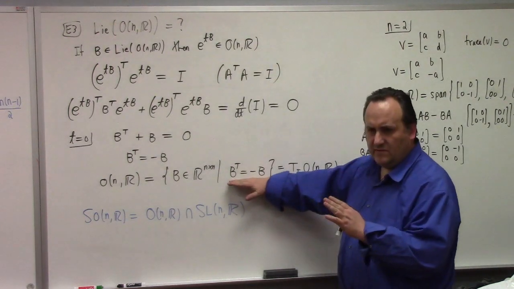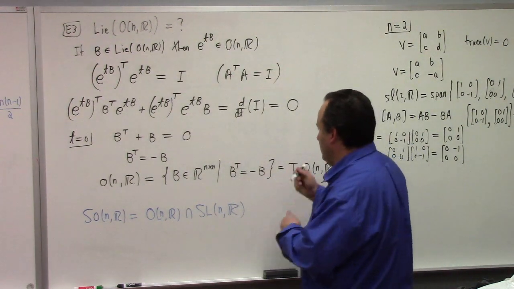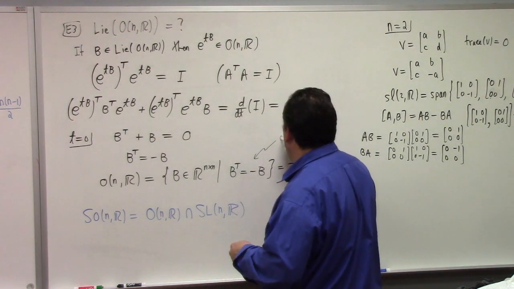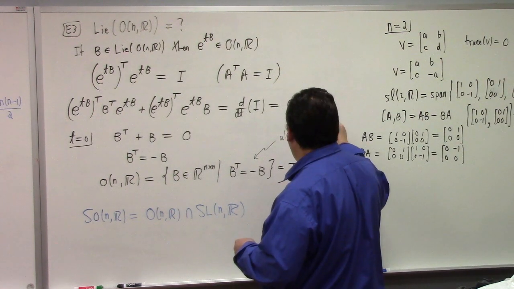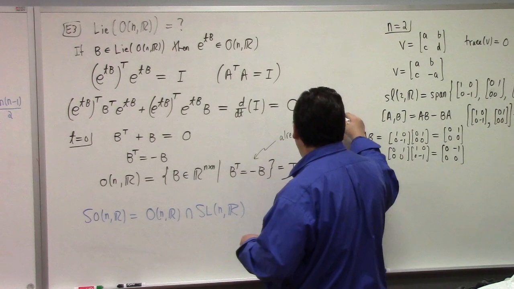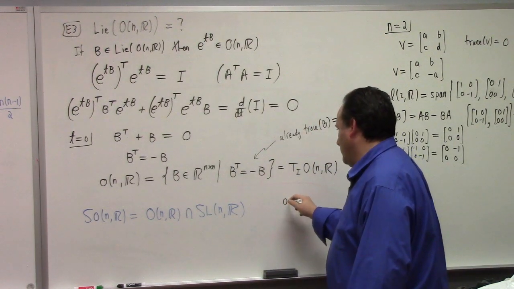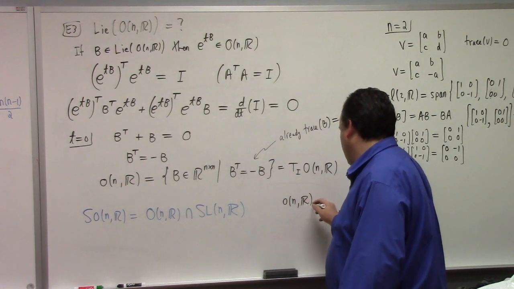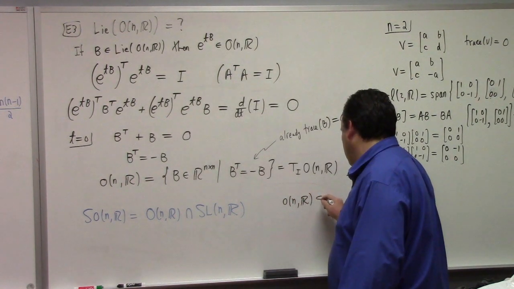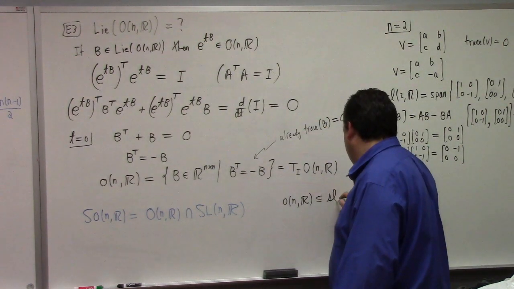What I'm trying to get at is these matrices are 0 on the diagonal. So these already have trace B equal to 0. So that tells me that o(n, R) is a subset of sl(n).